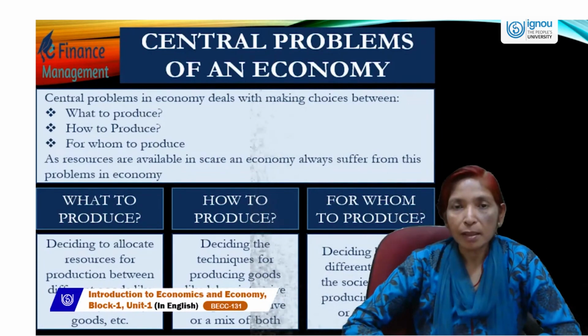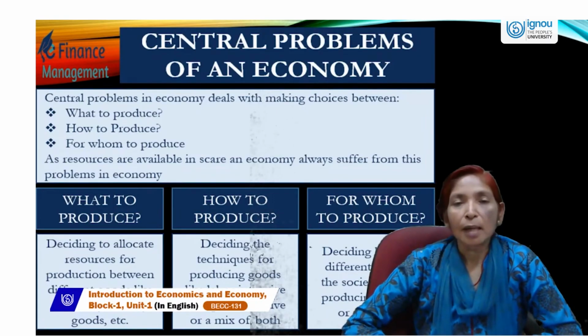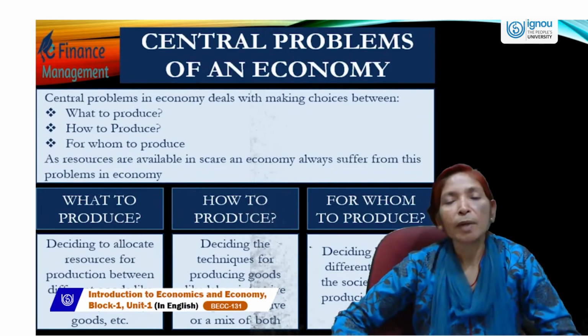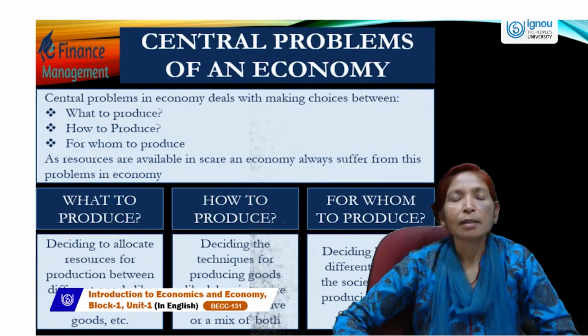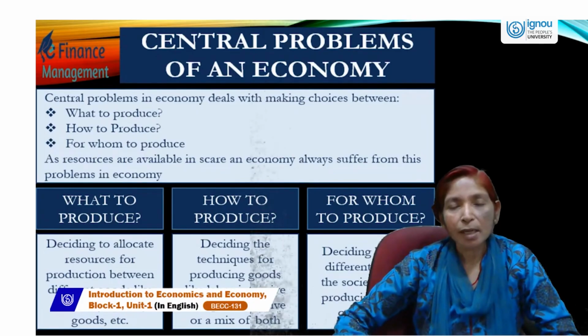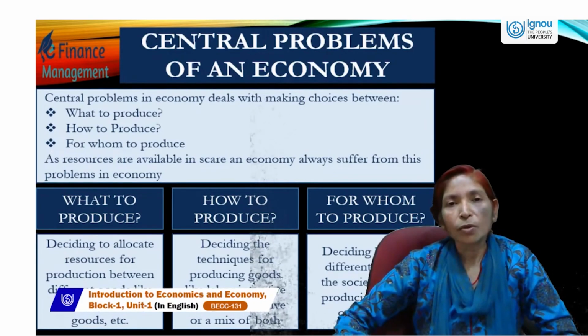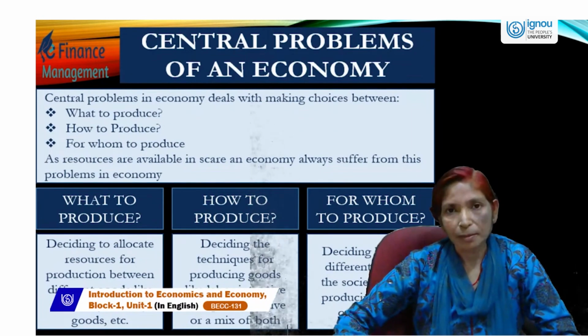If in our country, like India, labor is abundant, so labor is available at a very cheap price and capital is very rare or scarce, so capital price will be higher. So we have to use more labor intensive technology rather than capital intensive technology. But for the USA economy, capital is abundant, labor is less. So in the USA, capital intensive technology is more appropriate to produce goods and services.